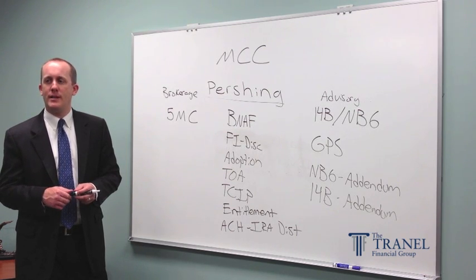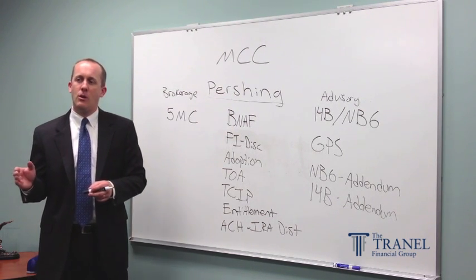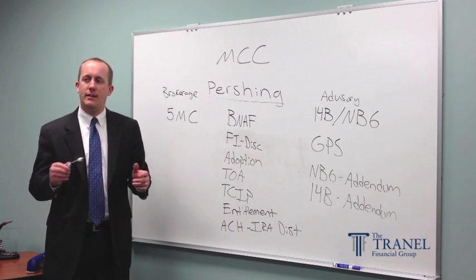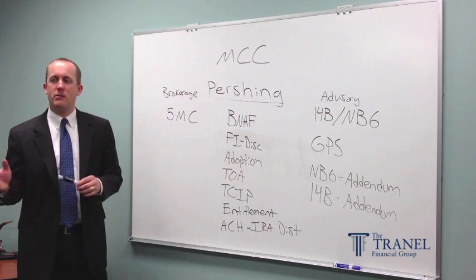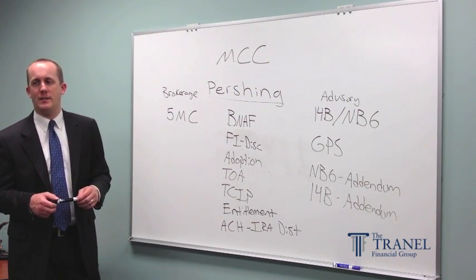This allows you as the advisor to easily send them money whenever they need it, or to invest money from checking into Pershing. It makes the movement of assets between the brokerage account and the checking account very easy.